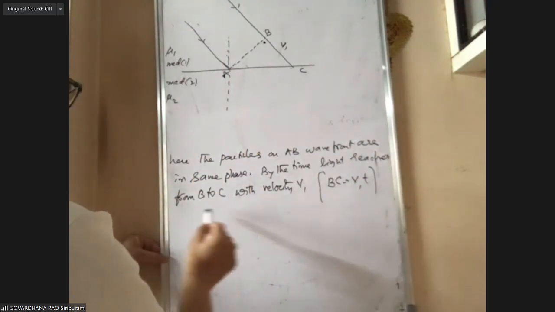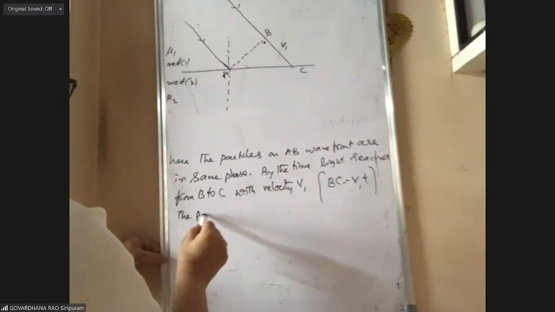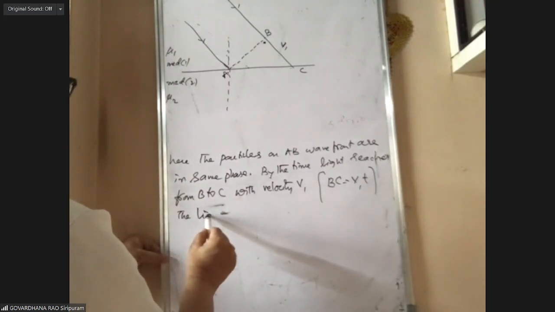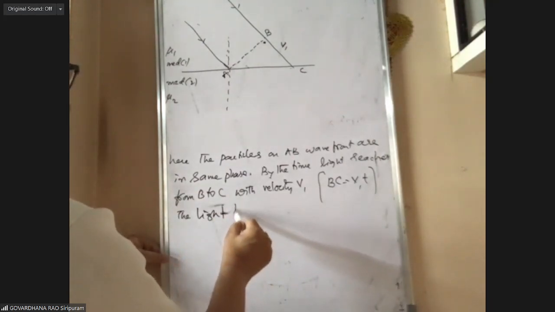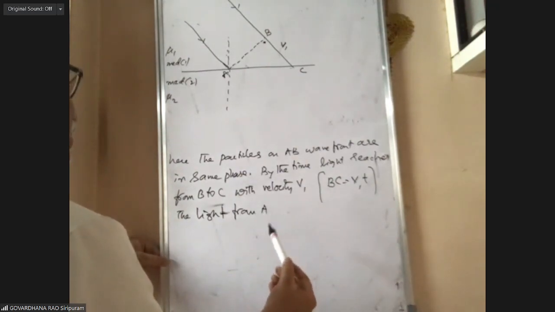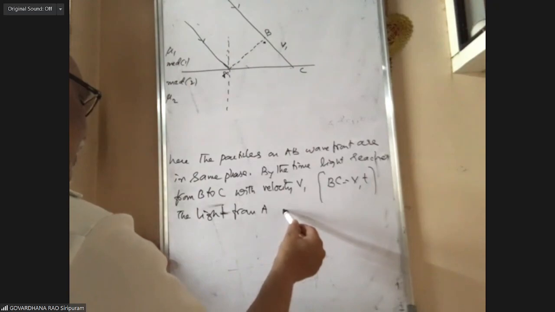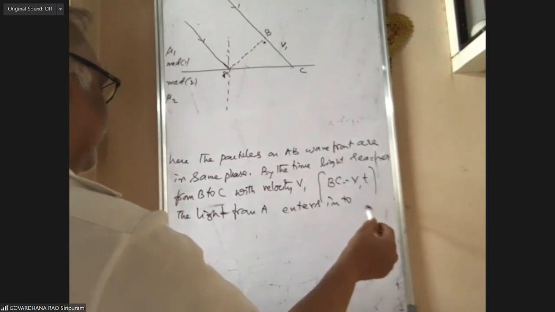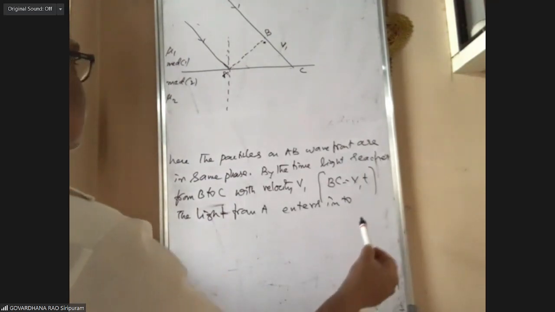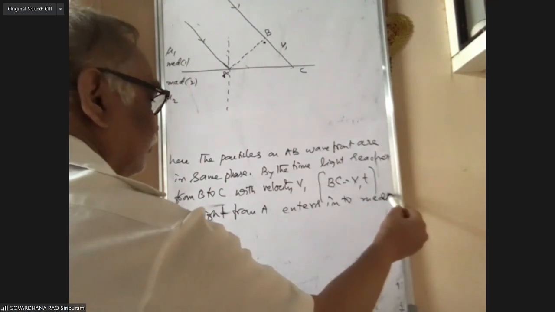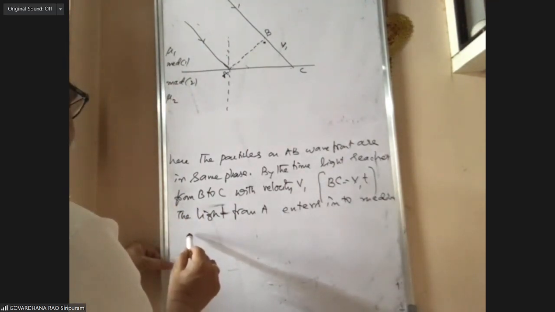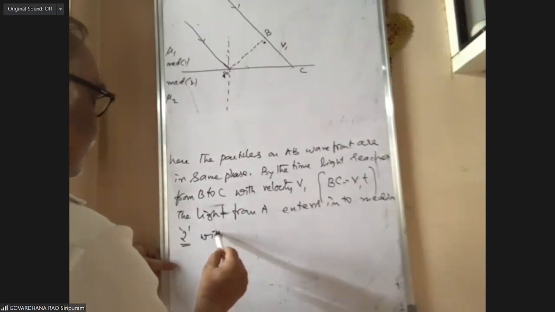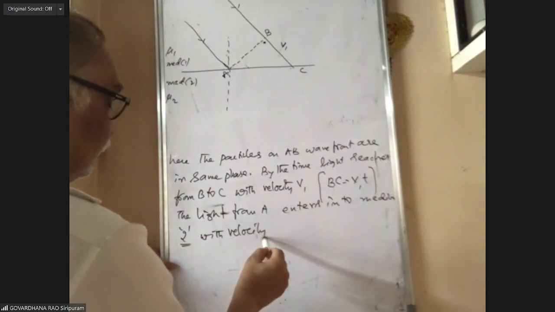The light from A enters into medium 2 with velocity V2, correct?